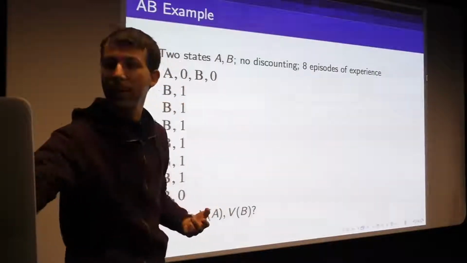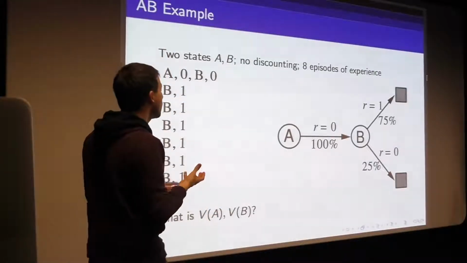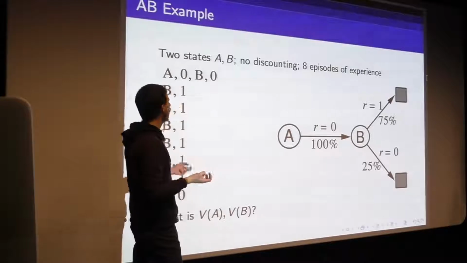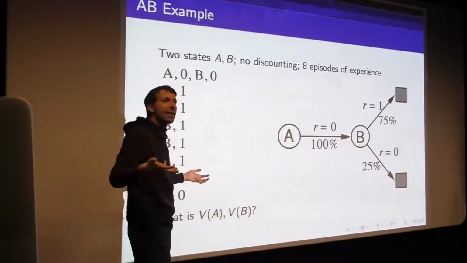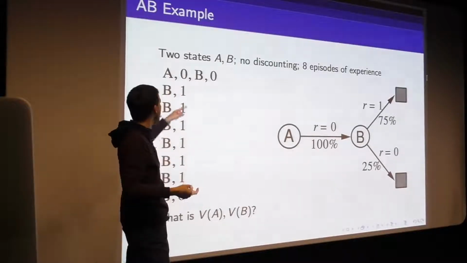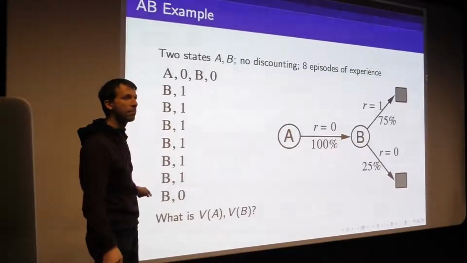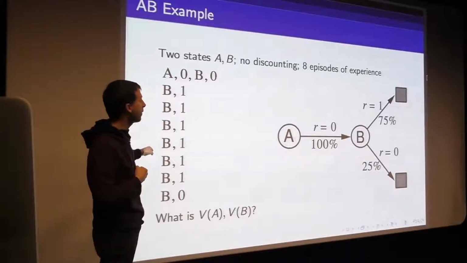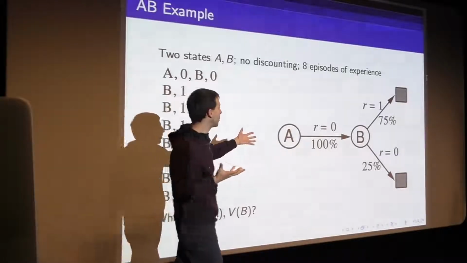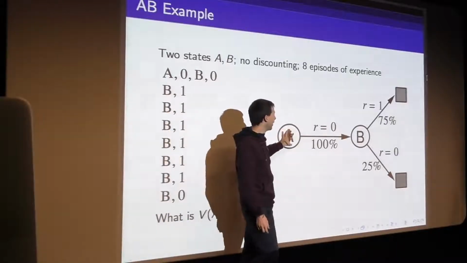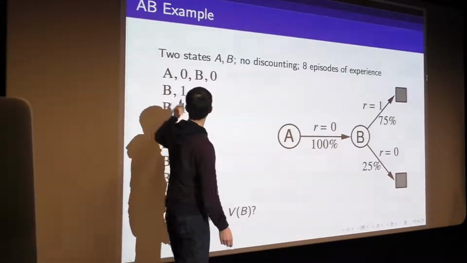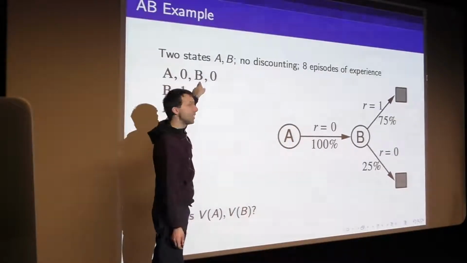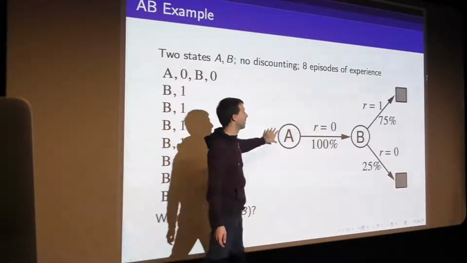What about the TD estimate? Implicitly, what this is doing is something like the following: imagine that you would try to build an MDP model that models what we've seen so far. If you were to build an MDP to explain this data, you would build an MDP model that looks like this, where you start in A, and 100% of the transitions that we've seen where we started in A transitioned to B and got 0 reward along the way.